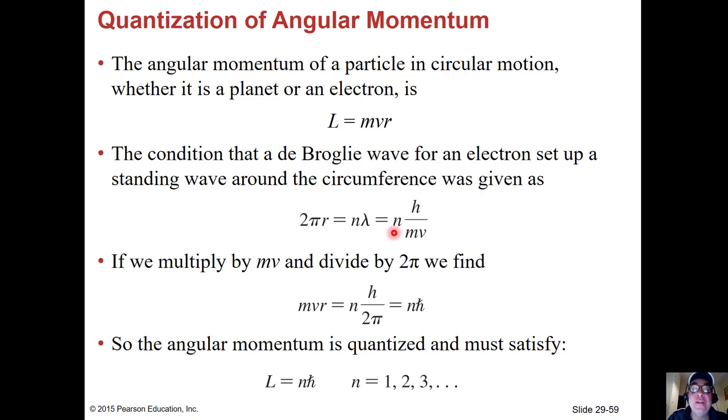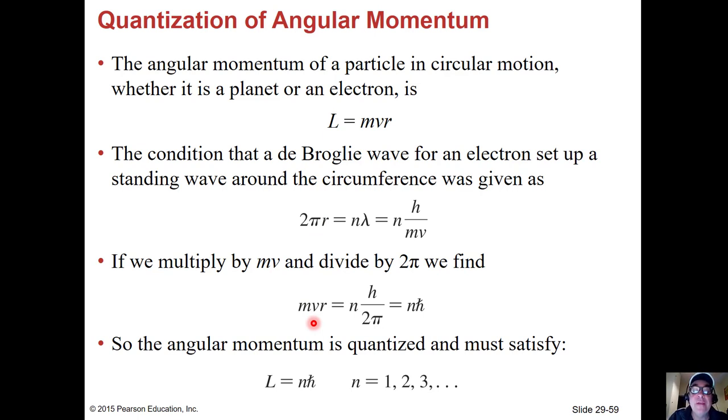Putting in the de Broglie relationship for momentum, we came up with n h over mv. That has to be equal to n times the wavelength. So if you multiply both sides of this equation by m times v and divide by 2 pi, this becomes mvr, and that is the angular momentum.